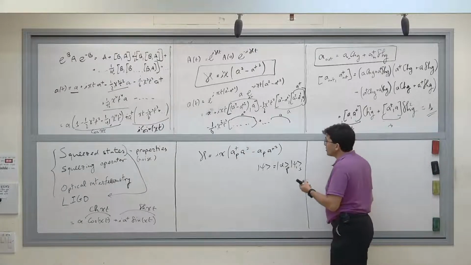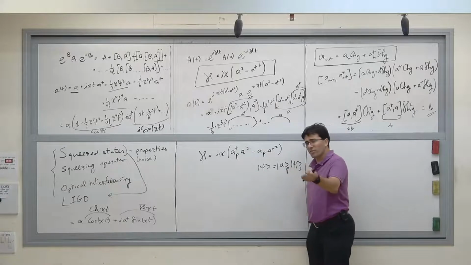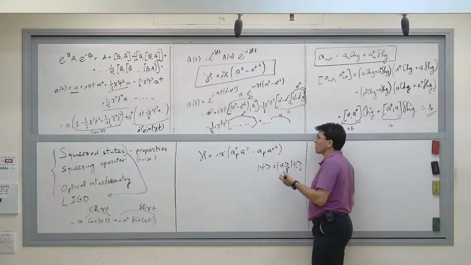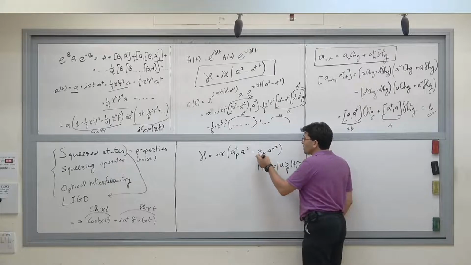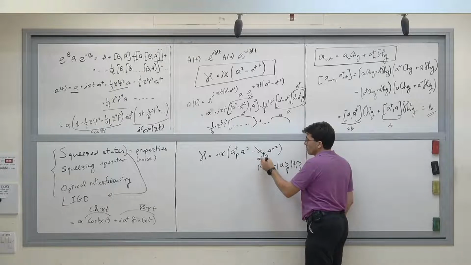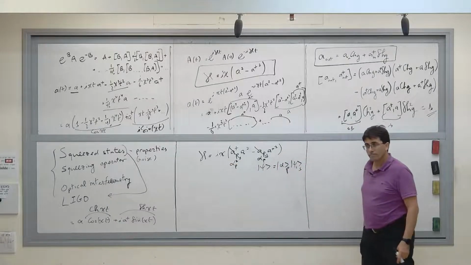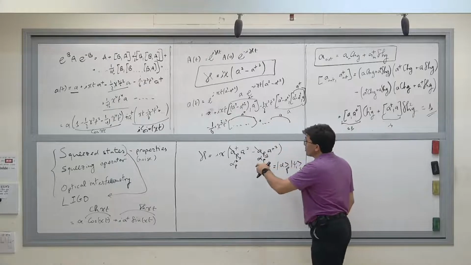And moreover, because this alpha is very large, if you add a photon to it or remove one from it, it doesn't matter much. So think about the case of an undepleted pump, which means that you can just replace this by alpha pump, and this by alpha pump star. And there we go back to what we had before.